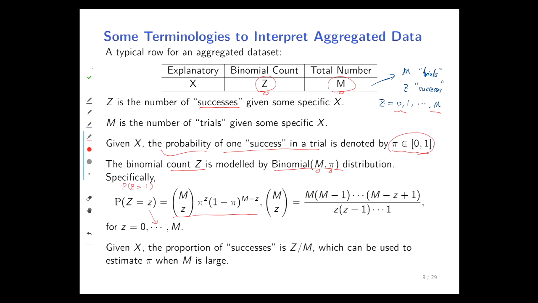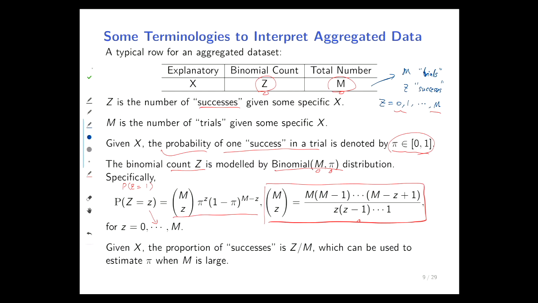What I need to tell you here is the parenthesis m, z. It just means a combination number, and you can compute it in this way. So it's just a formula to describe the distribution of this random variable, which can only take values from 0 to m.